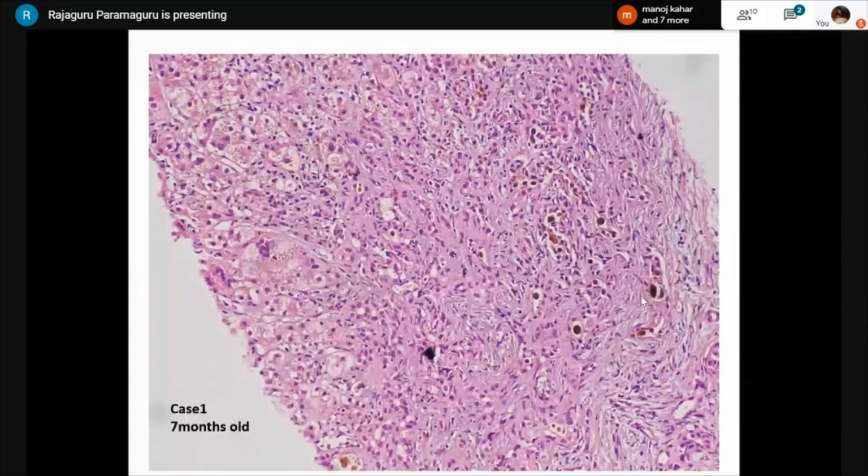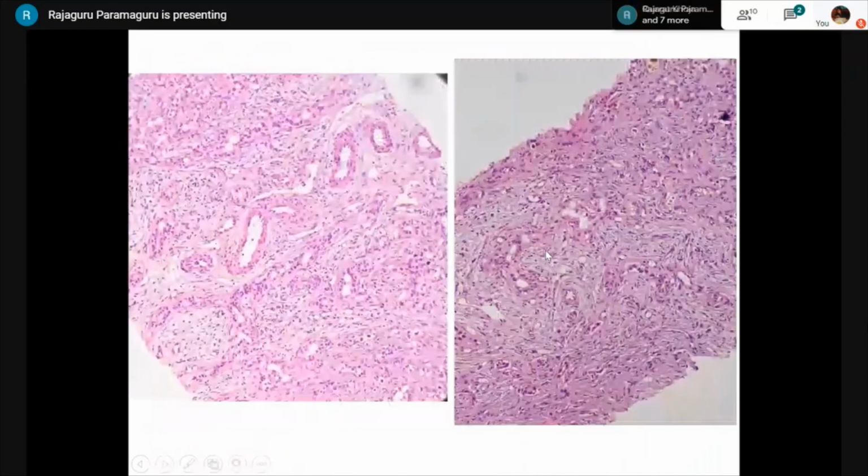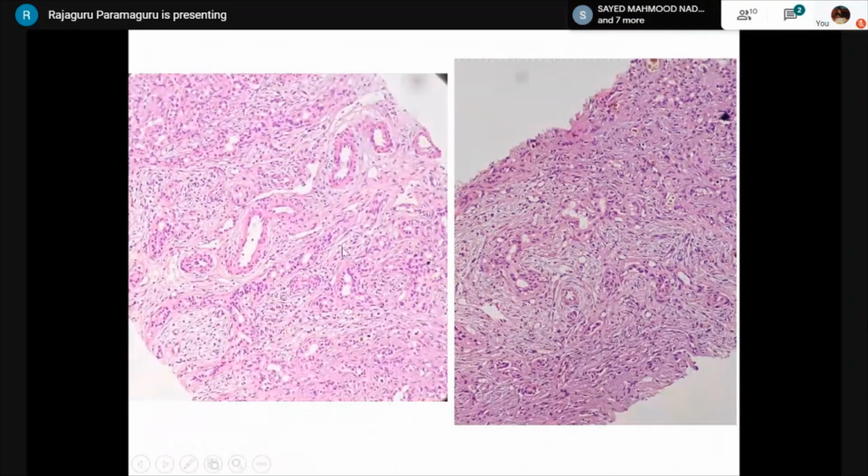Just give a look at this portal area and the hepatocytes over here, how they are looking. Take a close view of the hepatocytes, then the portal area, and this is another magnification for you to see the bile duct-like structures in the portal area.